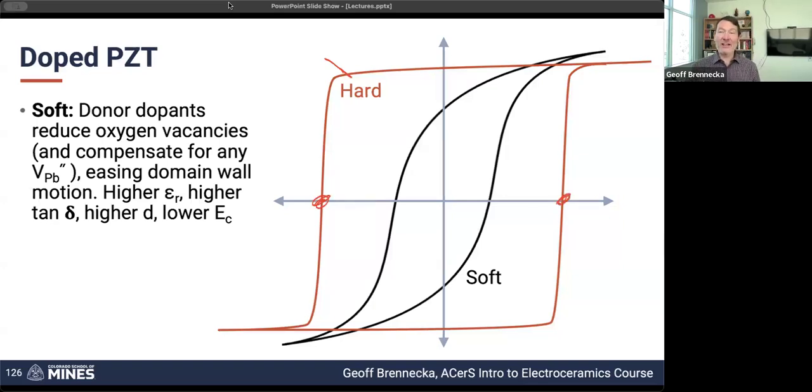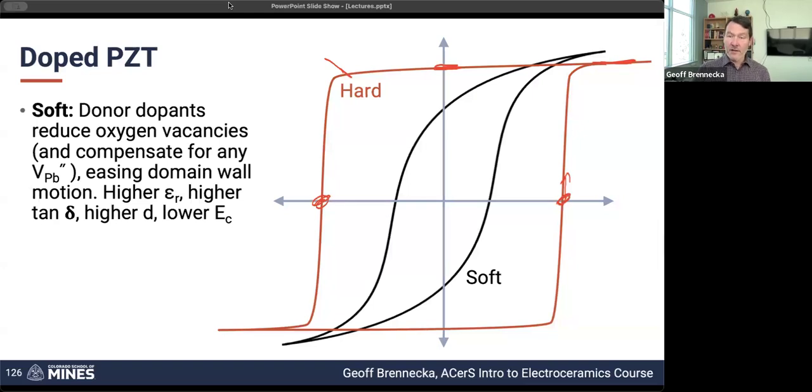You have to apply a larger electric field to get those dipoles to align, because you had all those little defect dipoles along the way that had to switch. And because you have to push on it a little bit harder, you end up with, generally, a steeper slope on your hysteresis loop. You'll also notice once it's saturated, you have a lower relative permittivity up here than in the soft material.